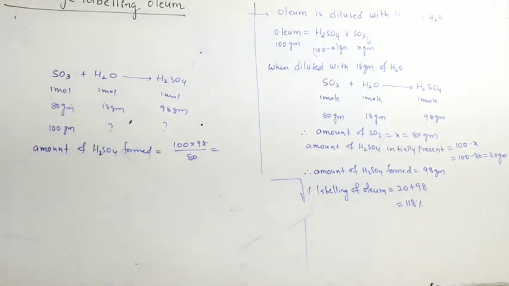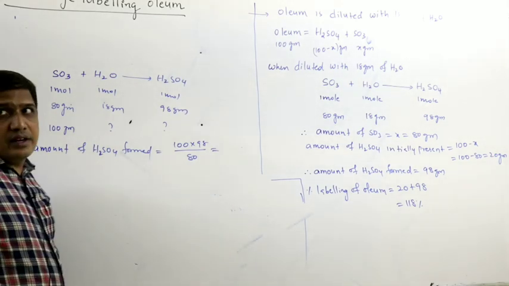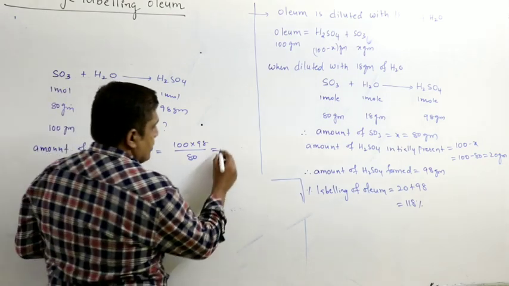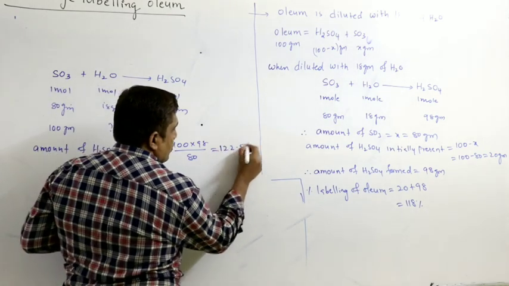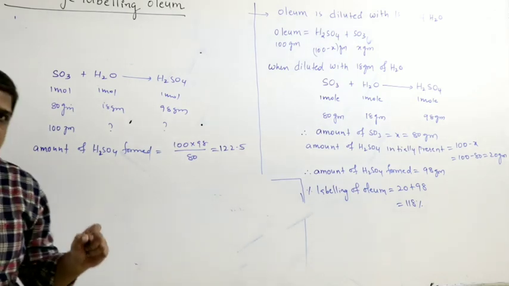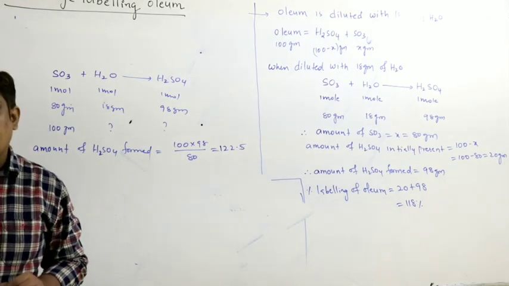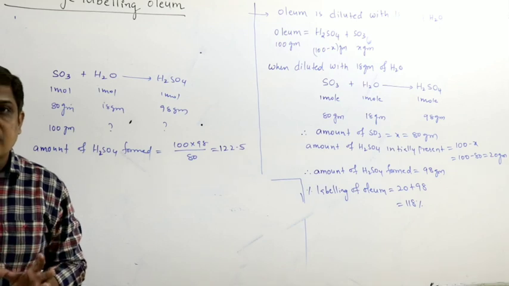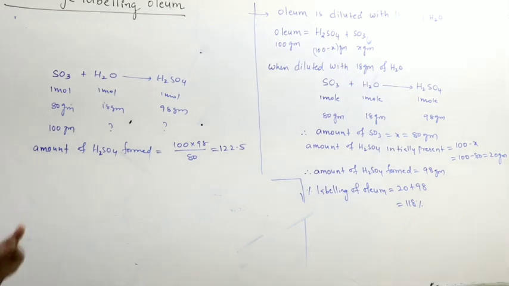If you solve this, you will get around 122.5. That means if all the 100 grams of oleum is SO3, then the amount of H2SO4 formed will be 122.5.